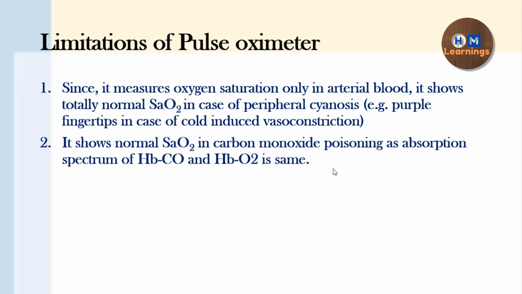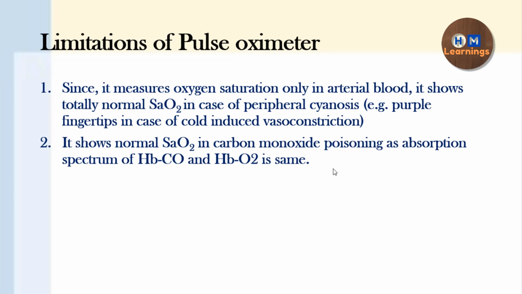When the percentage of deoxyhemoglobin increases in the capillary blood, that is why cyanosis occurs. So it is detecting the oxygen saturation in the arterial blood.